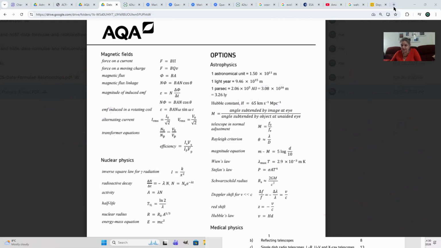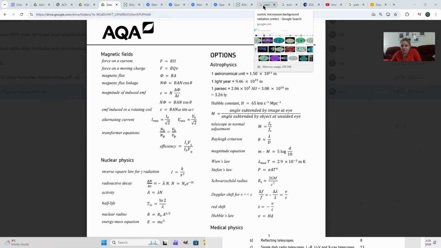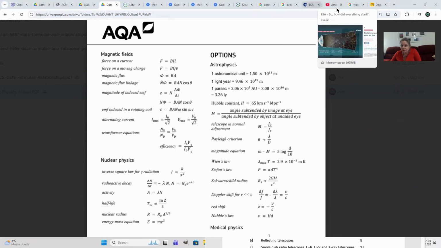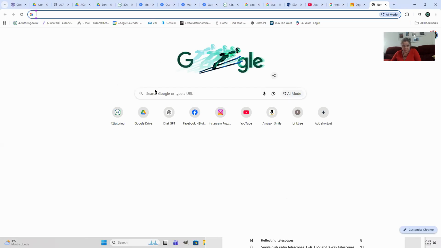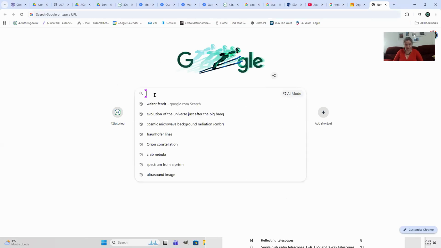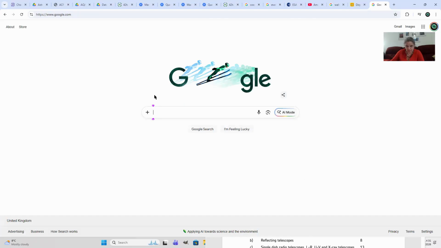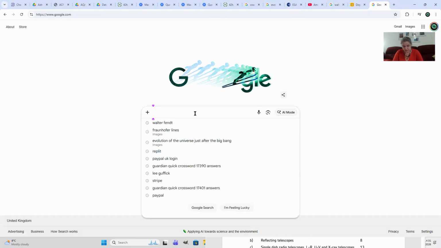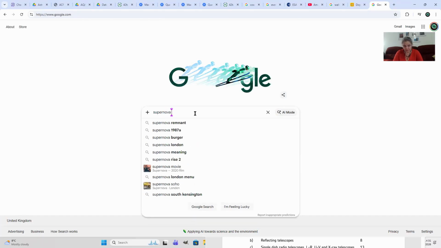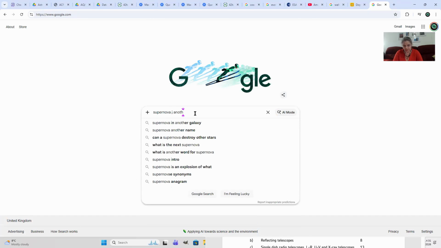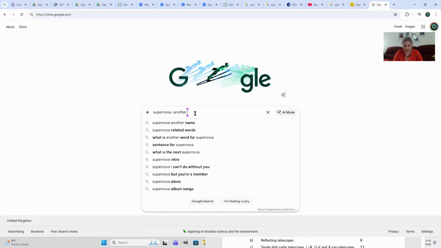If I clear this, I think I'm going to have to open another window, and then let's close that. Right, so a supernova in another galaxy.